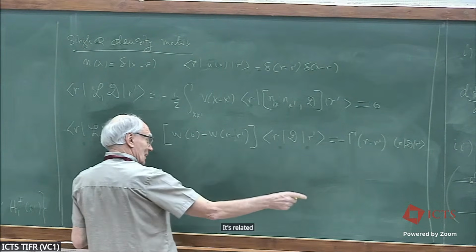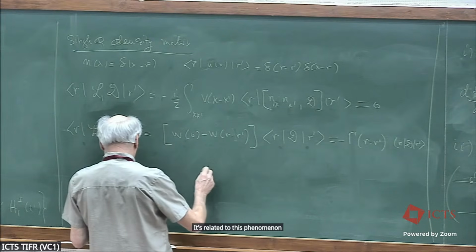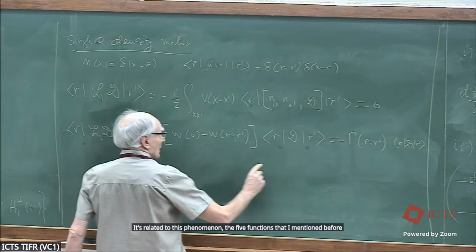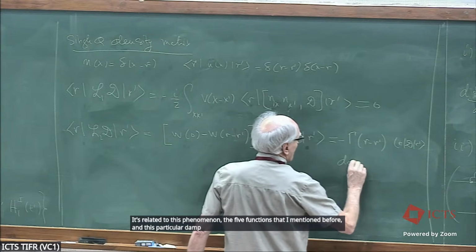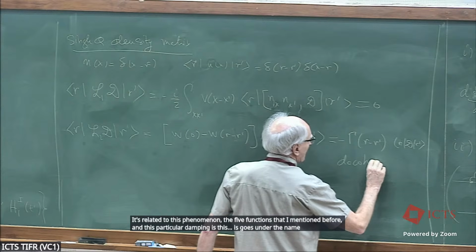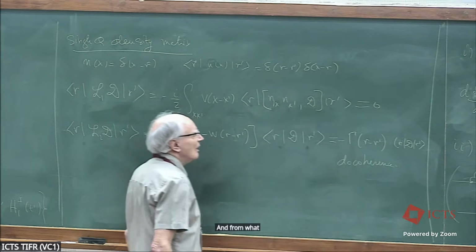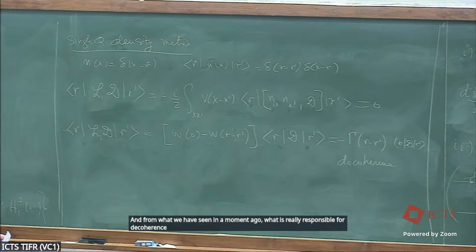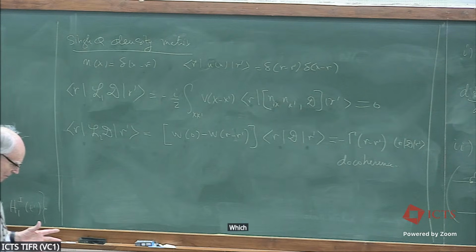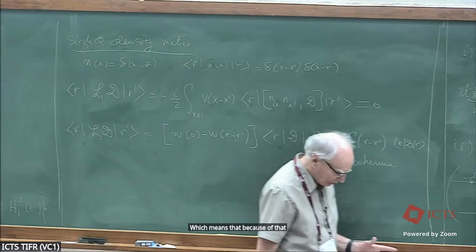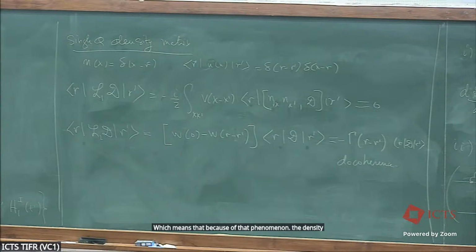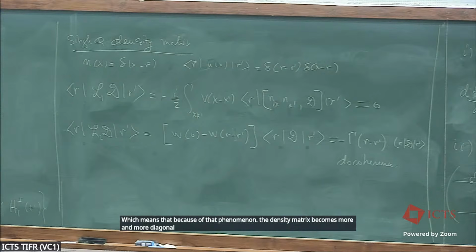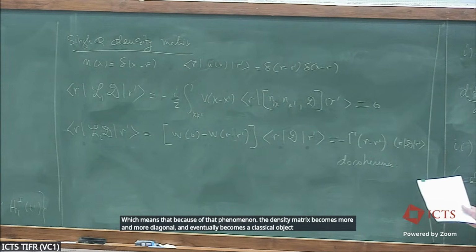It's related to the phenomenon, the phi function that I mentioned before, and this particular damping goes under the name of decoherence. From what we have seen a moment ago, what is really responsible for decoherence here is the collisional processes. So it's collisional decoherence, which means that because of that phenomenon, the density matrix becomes more and more diagonal and eventually becomes a classical object, which is just a density of heavy quarks.